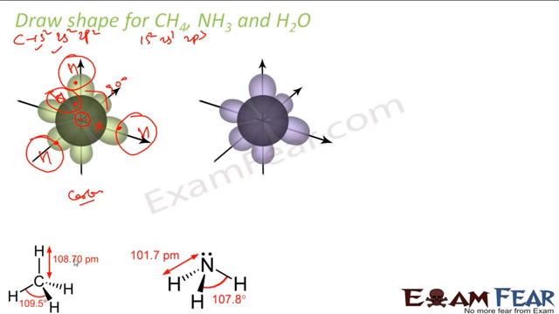Similarly, let's draw for NH3. For NH3, we know that nitrogen has atomic number 7. So 1s2, 2s2, 2p3. Let's put 2 electrons here, 2 electrons somewhere here, and 3 electrons in 3 orbitals. Right?